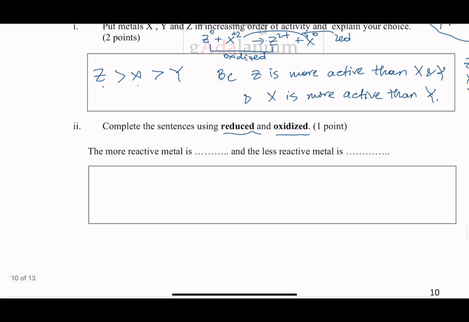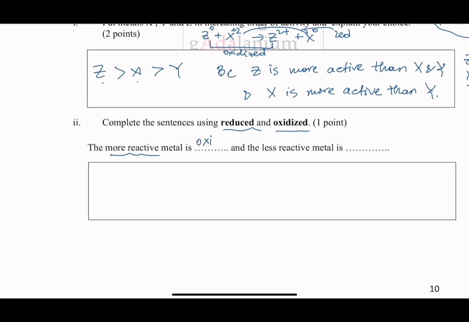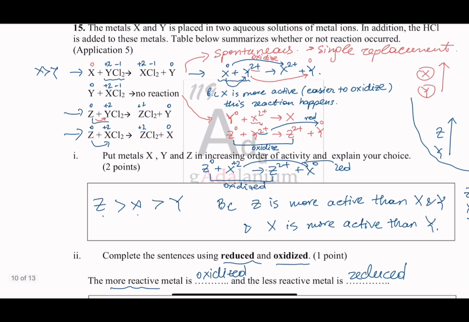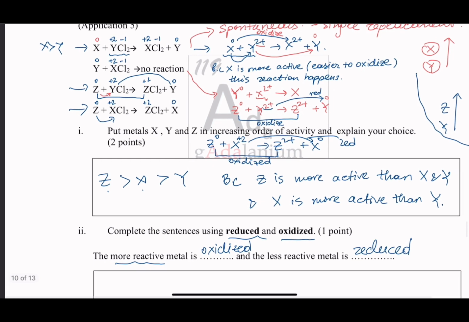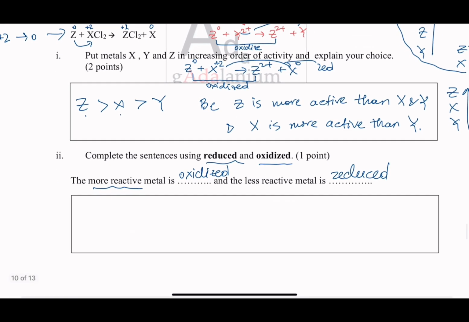So we say that the more reactive or more active metal is oxidized, and the less reactive metal got reduced. You could see that Z got oxidized and Y got reduced. Their oxidation numbers changed accordingly. Z went from 0 to +2, the number increased, and then Y went from +2 to 0, it decreased.